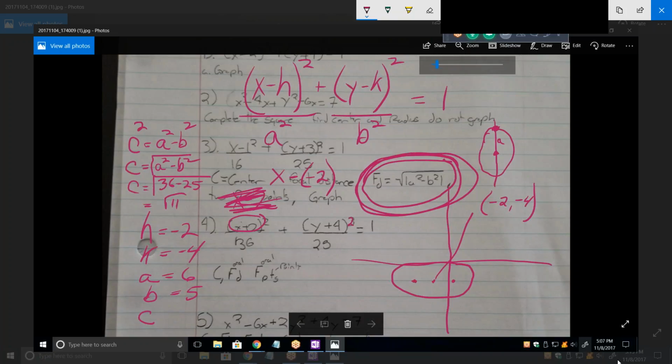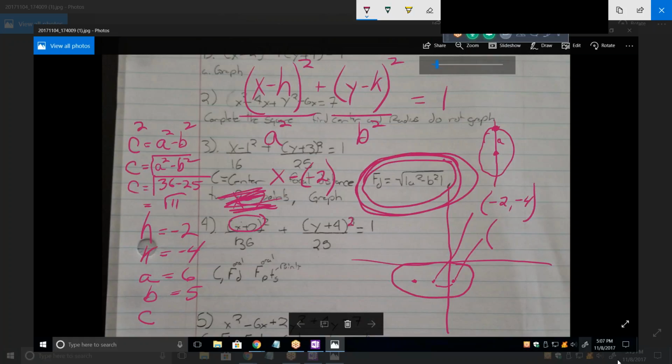The other is the same distance on the other side of the center there. Let's label those. Remember what C is. C is the distance from the center to the focal point. So this distance right here.